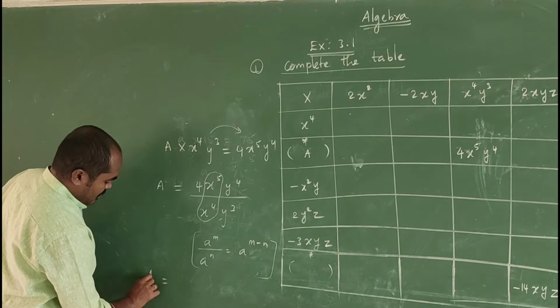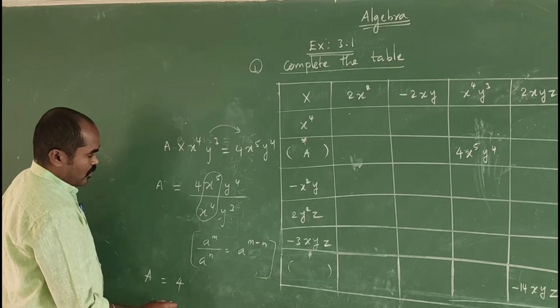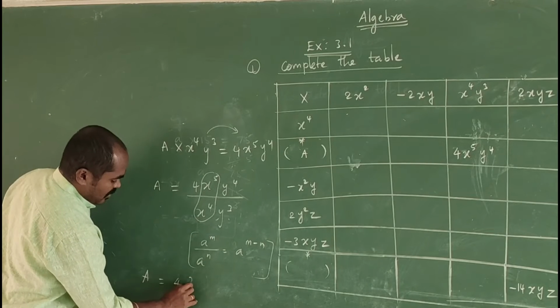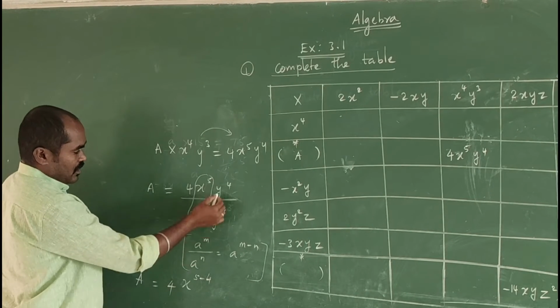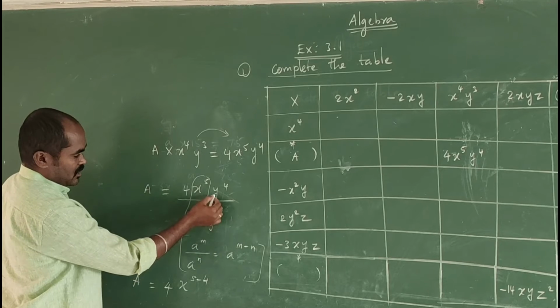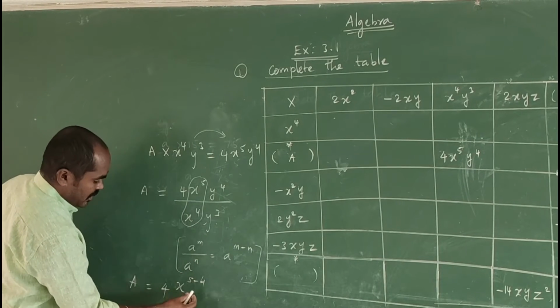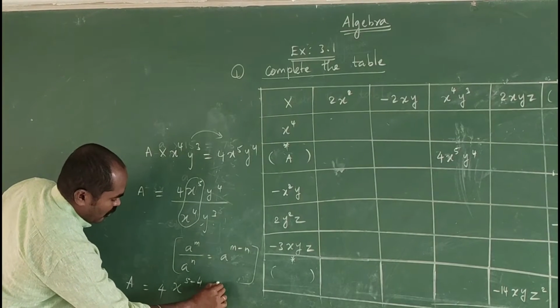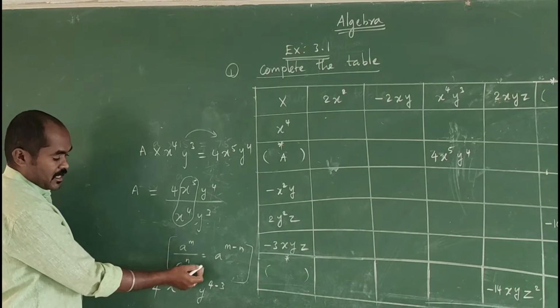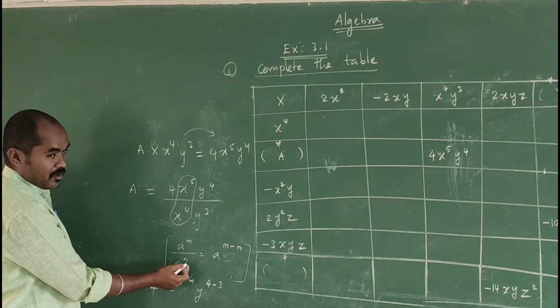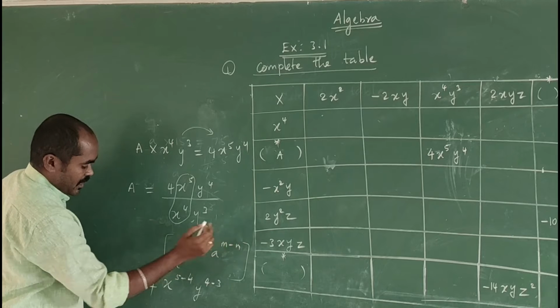So a is equal to 4 multiple x power 5 minus 4 into this also are same base. y power 4, y power 3. So y power 4 minus 3 by using this exponent. a power m by a power n is a power m minus n.